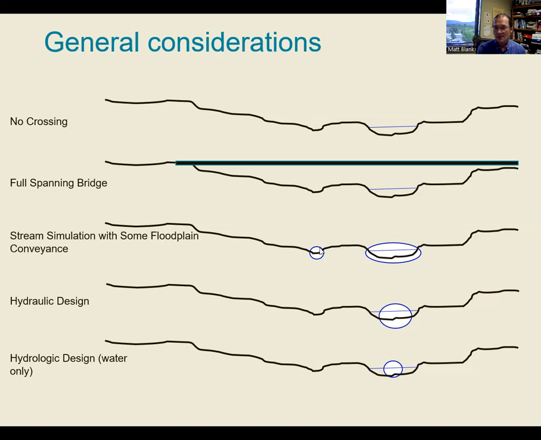Adjacent to that, you'd have smaller structures in the floodplain that provide flood relief when the water comes up. Hydraulic design, which I'll talk about in a few minutes, is the more specific engineering approach where you're matching the conditions, water depth and velocity, specifically to fish species of interest. And then the hydrologic design is designed for water only, and that's not commonly known.